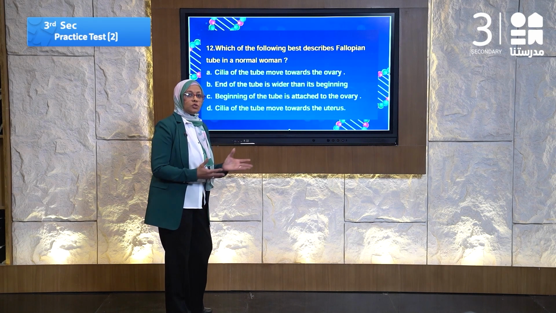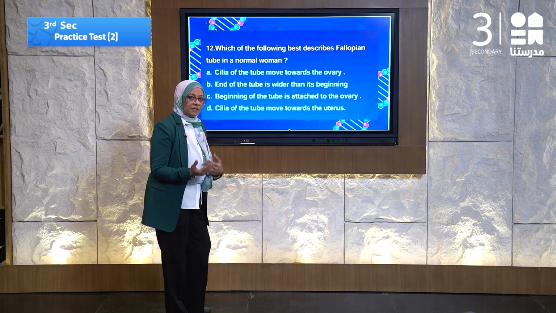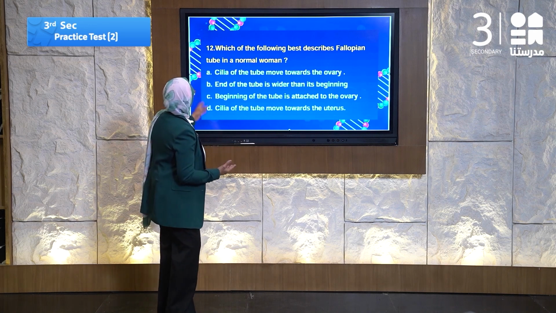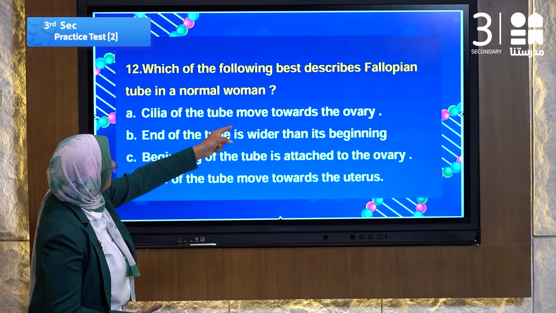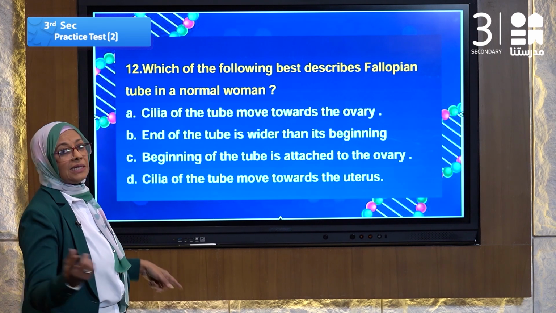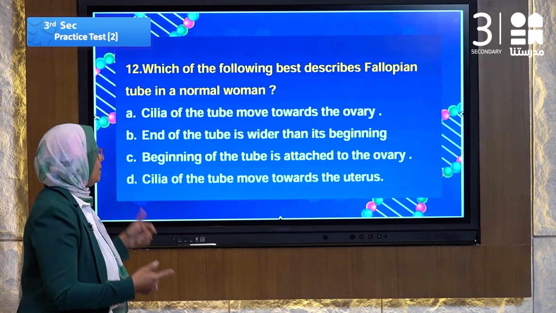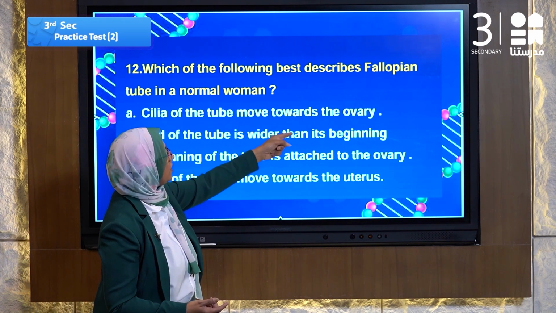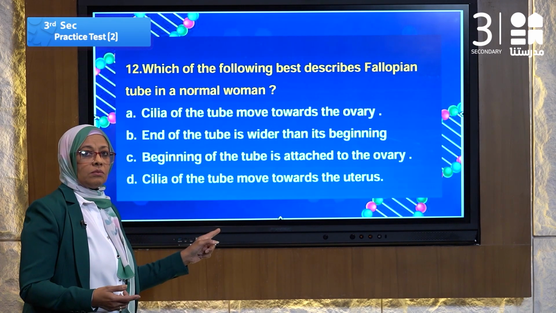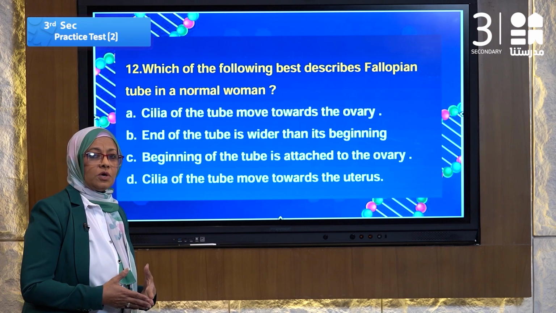Let's read the choices, then we make a decision. A, which of the following best describes the fallopian tube? Number A, cilia of the tube move toward the ovary. No, it cannot move toward the ovary.